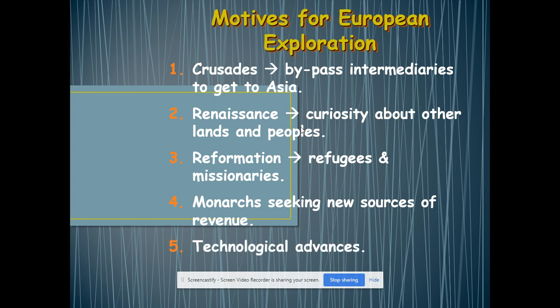Okay. Also, technological advances. We're going to look at some new navigation things that allowed the Europeans to do much more exploration across the sea. They're going to take lateen sails, which have been in the Indian Ocean, and what we call period 2 in world history. They're able to use them to help catch a side wind a lot easier.